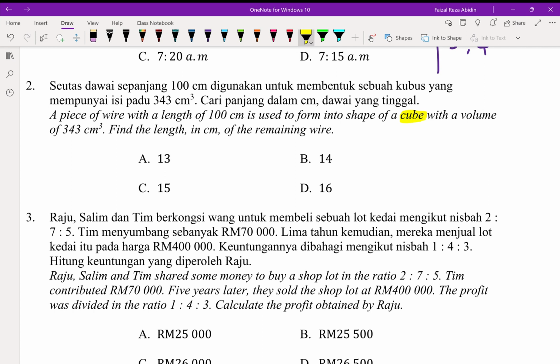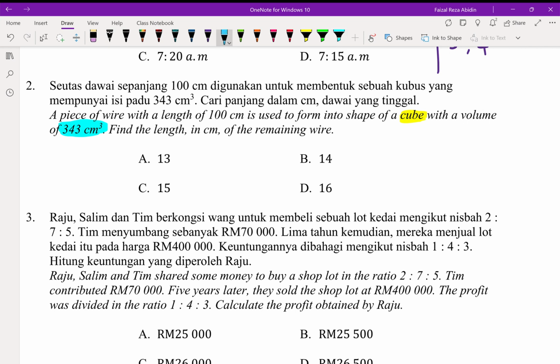Okay. So the cube, we got a volume of 343 centimeter. Okay. So what can we find from our volume? What does it mean by volume? Length times width times height.